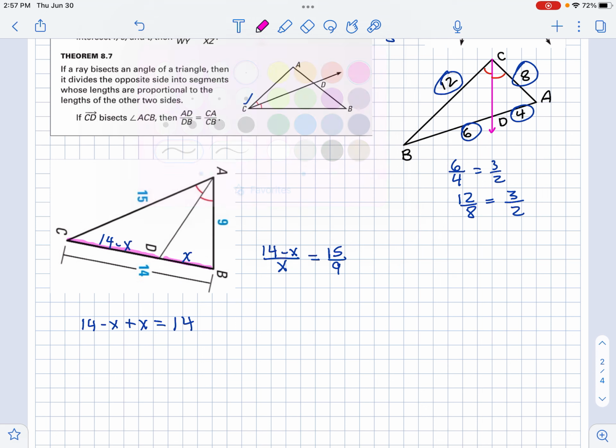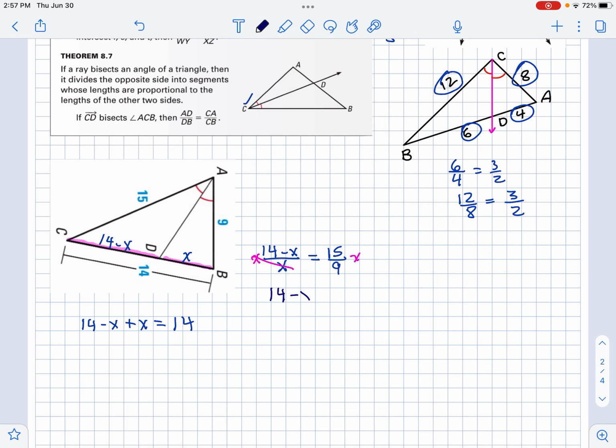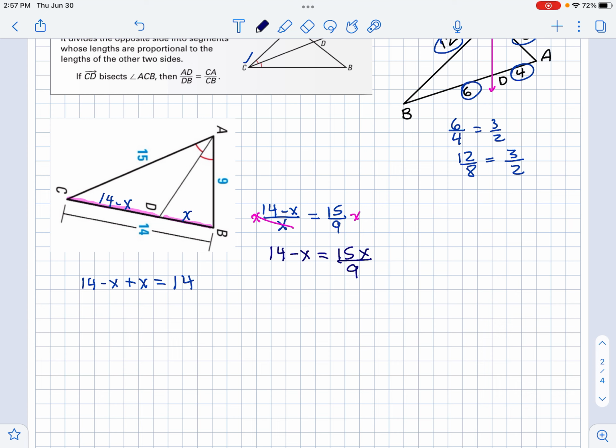That's a good first step. And we get 14 minus x equals 15x over 9. Don't forget the 9. Now I want to clear out that 9, so I'm going to multiply both sides by 9.